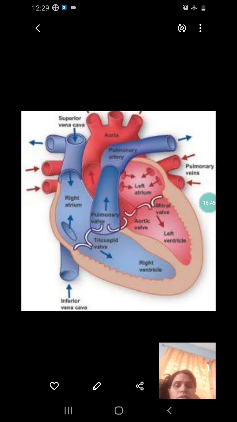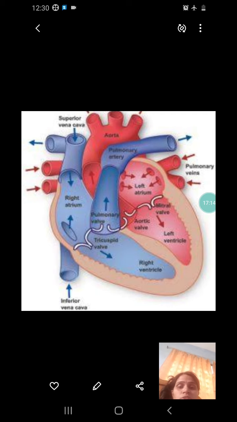So here we have already discussed the structure of the human heart, how the blood circulates in the heart, and why it is called double circulation. So what are the questions that arise from this topic? First of all, explain the structure and function of the heart with a neat and clean diagram.